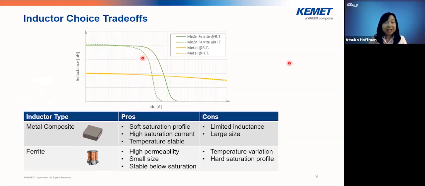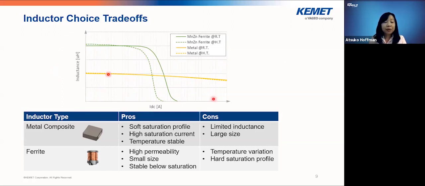Soft saturation means that if you increase the current, usually the inductance starts decreasing, but with a soft saturation profile, the change in inductance is very small. It's a gradual change.